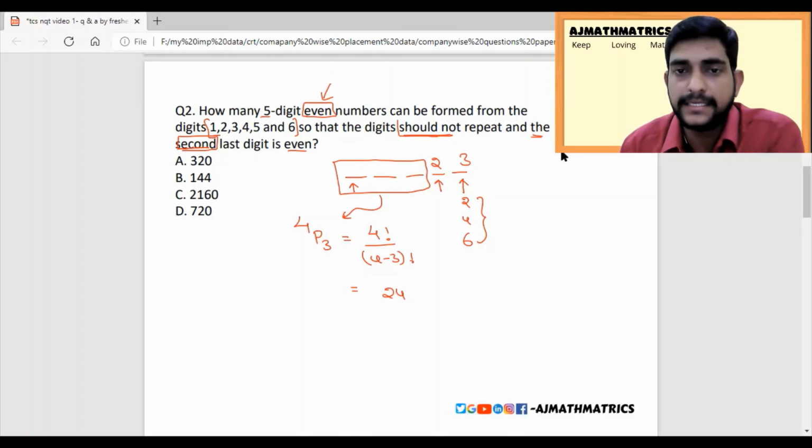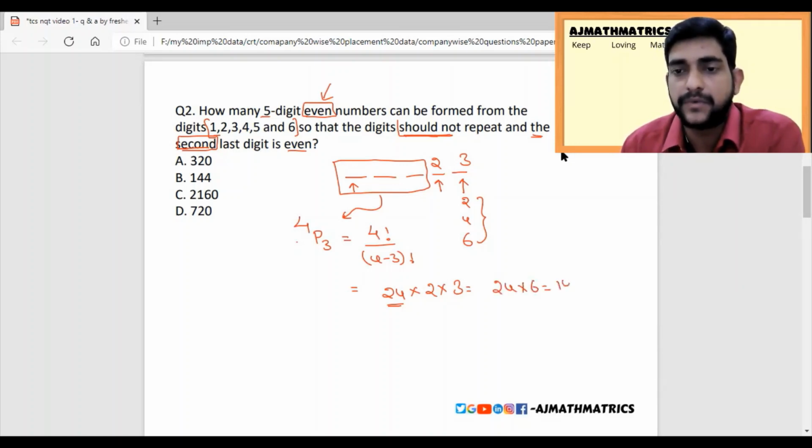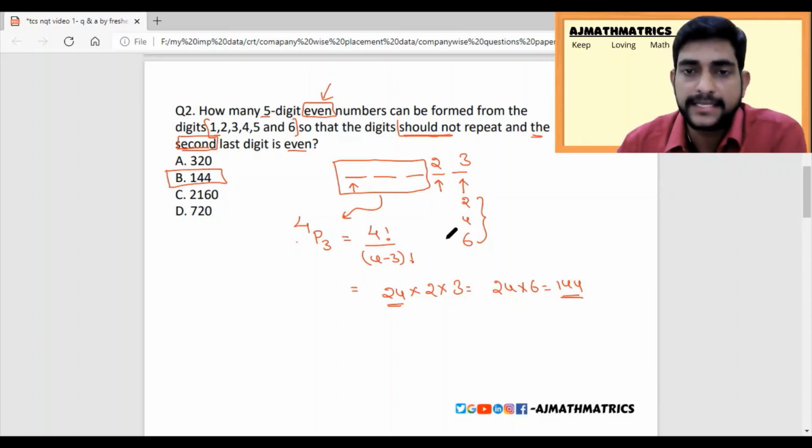We have 4 digits and we are filling 3 places, so 4P3 is the formula, and 24 is the answer. Apart from that, we also have 2 ways and 3 ways here, and if you multiply, 24 into 6 is 144. So the answer is 144, which means 144 numbers satisfy this condition. Hope you understand this one.